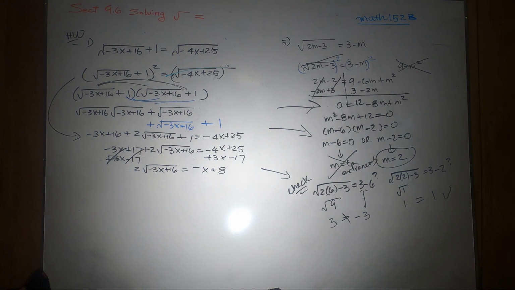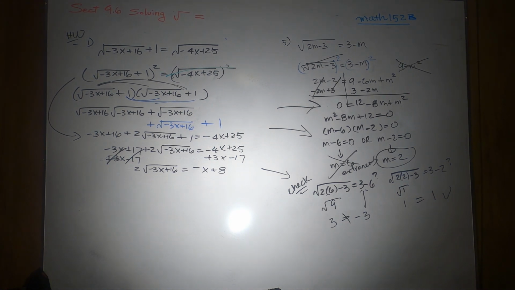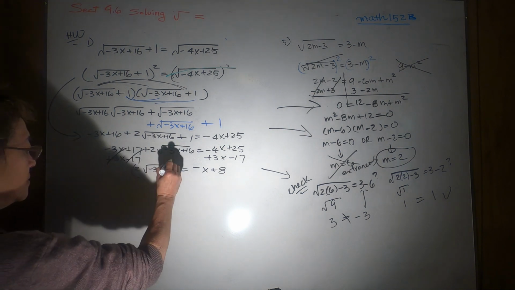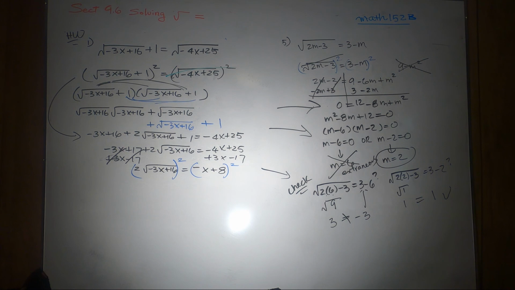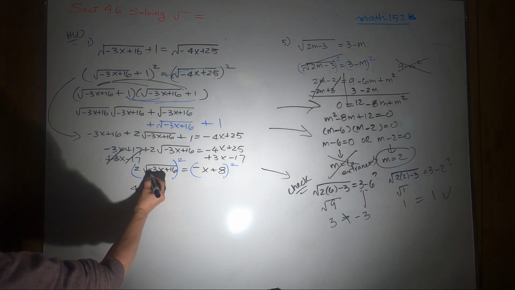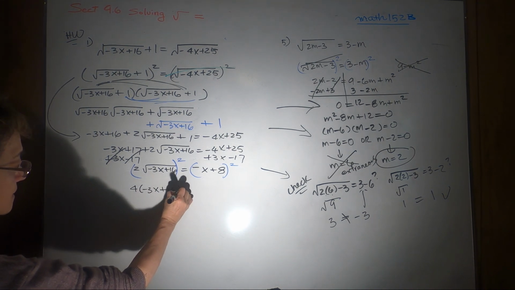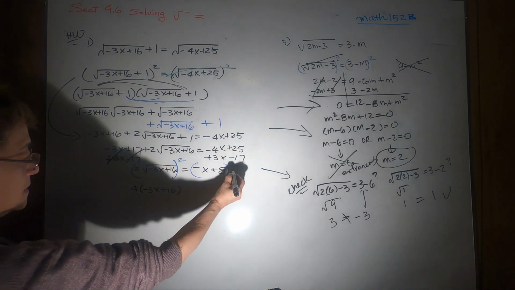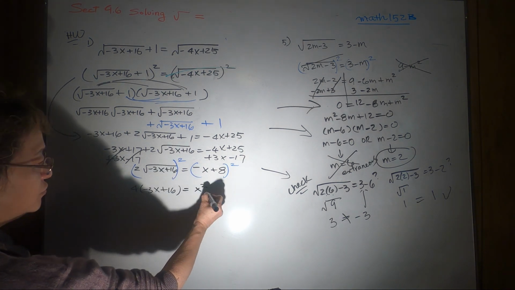Okay, let's continue, see if we have any typos. Then what? Then we square both sides again, right? So 2 squared is 4, then this squared is what? Itself, right? Then this one is a trinomial. X squared, you have to FOIL.